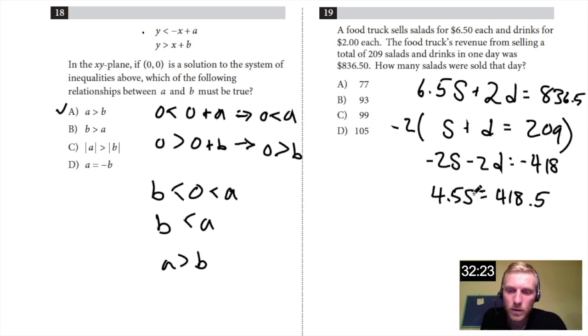Now we're going to divide both sides by 4.5 to isolate our variable s, the number of salads. 418.5 divided by 4.5 is 93. So we can say s is equal to 93. Good. So 19 is B.